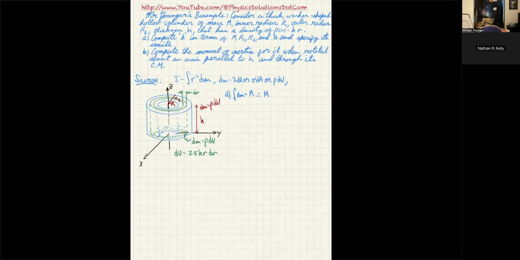Therefore, we can say m is equal to the integral of dm, which equals the integral of rho of r dv, which equals the integral of k times r, that's my rho of r, and then my dv is 2 pi r h dr, like that. And I'm going to integrate from r1 to r2.